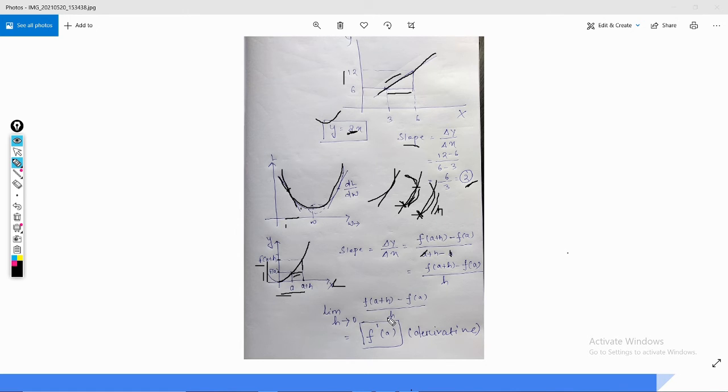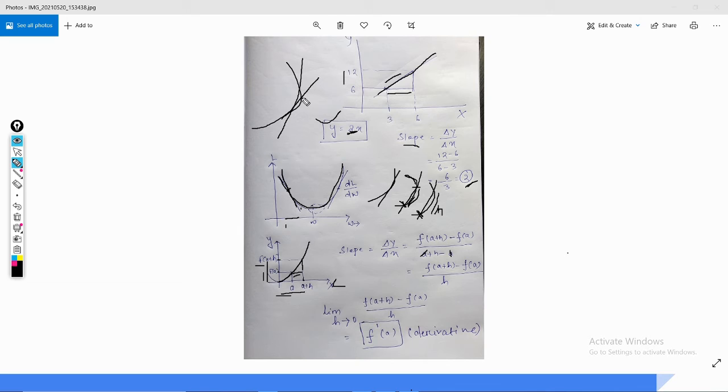So if you apply a limit on that h, if you reduce that h to 0, that means you reduce this distance. This is a curve, and this is the tangent line. So how are we going to reduce it?